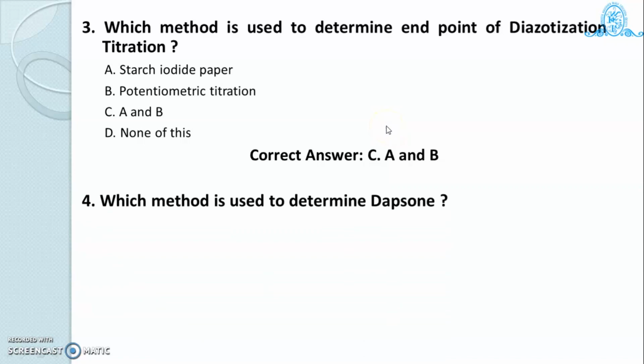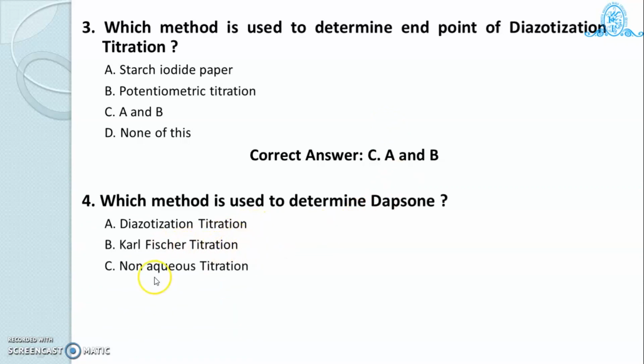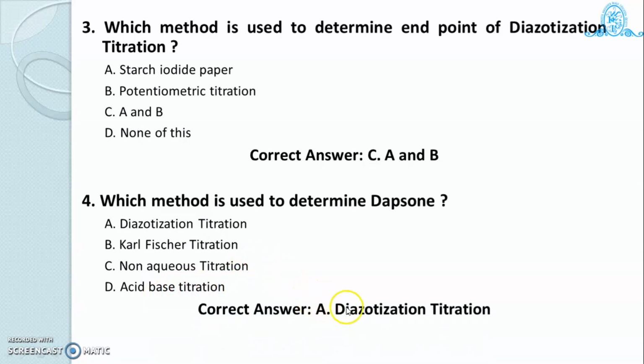Next question: which method is used to determine Dapsone? The options are diazotization titration, Karl-Fischer titration, non-aqueous titration, and acid-base titration. The correct answer is diazotization titration.